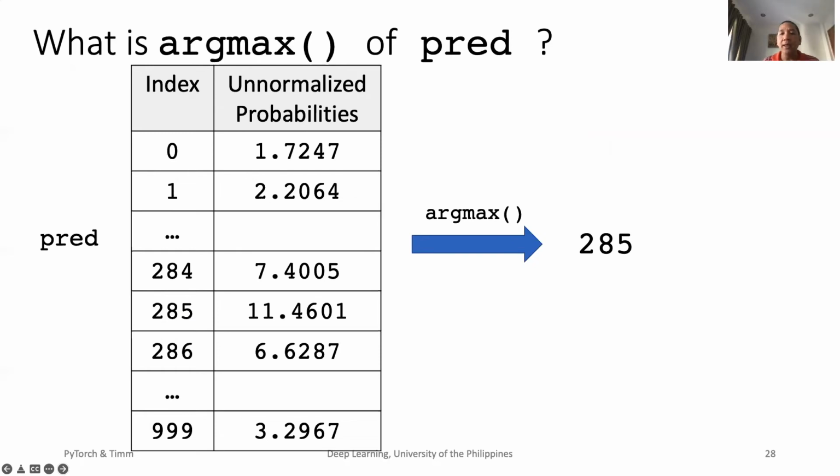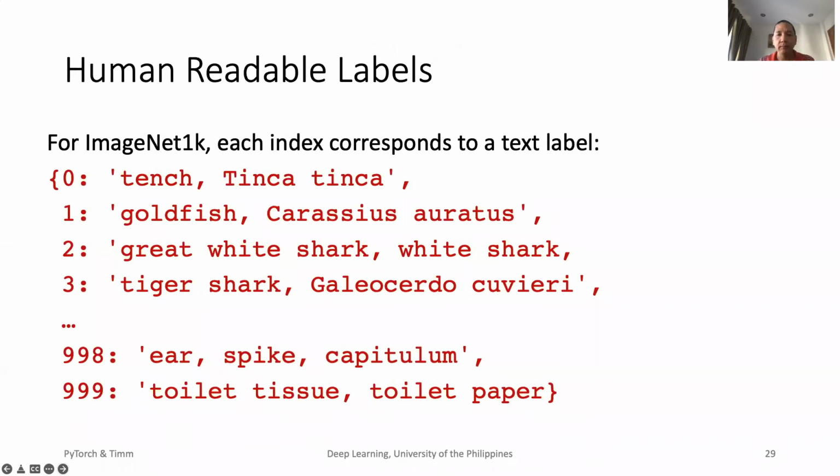In this case, that would be 285. Note that in this scenario, the model prediction did not use softmax to convert the last layer's output to probabilities. Essentially, we have unnormalized probabilities. Nevertheless, the output of argmax will be the same, and that's what matters in the class prediction.